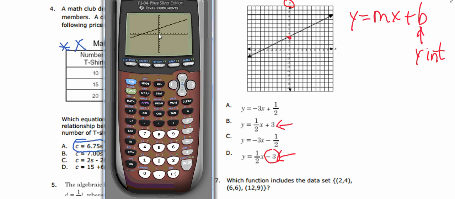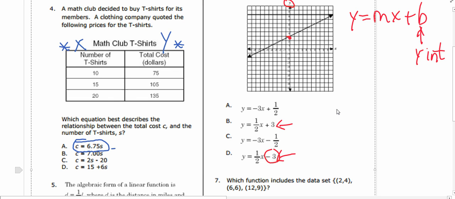So let's look at one more point on it. I'm pretty sure this is the right answer, but let's double check it, okay? If we look at our graph here, see if I can zoom in on this a little bit.